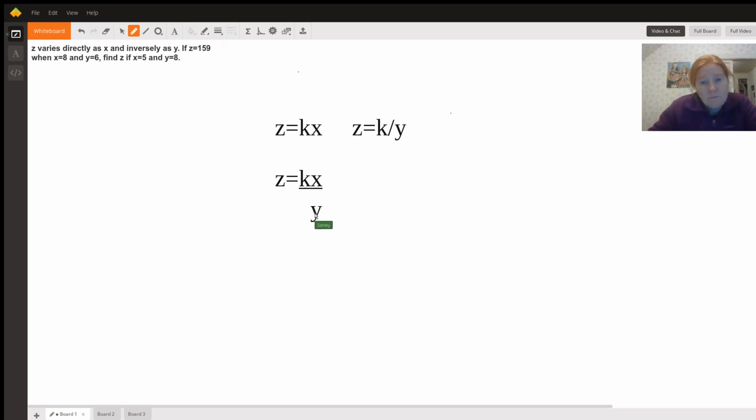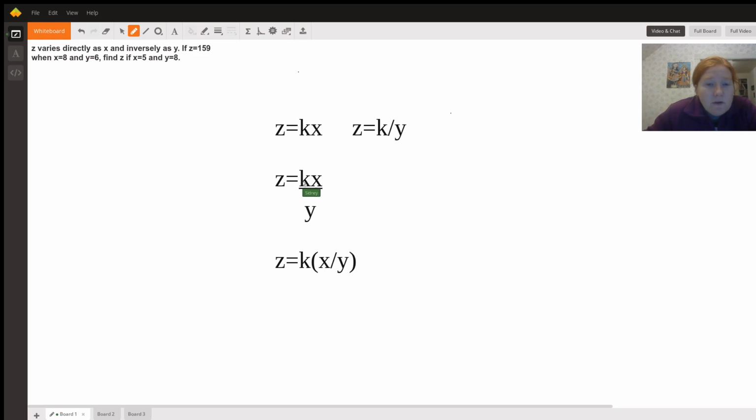All right, so that is our equation set up. Perhaps it is best that our equation might be written Z equals K times X divided by Y. That will work as well. All right, so that is our setup.